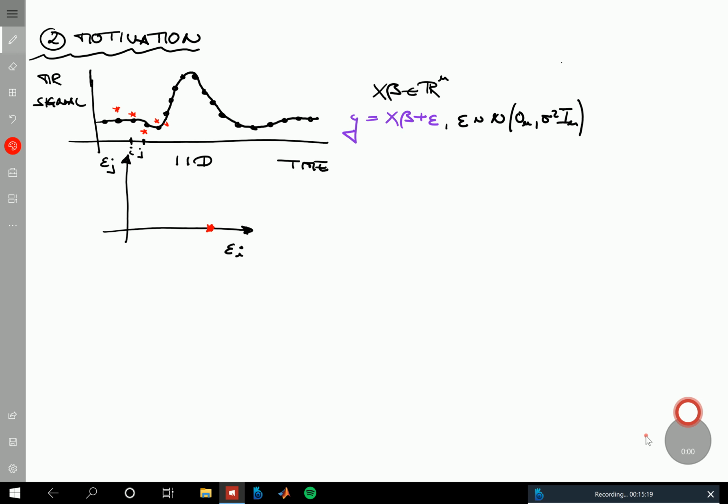So if we're now thinking about having sampled epsilon i as a relatively large value in this coordinate system, we may sample an epsilon j here, also a large value. But we may equally sample a low value. And this holds for all of the epsilon i and epsilon j. So for example, if we have a small epsilon i value sampled, then we have the same probability to have a low epsilon j or a high epsilon j.